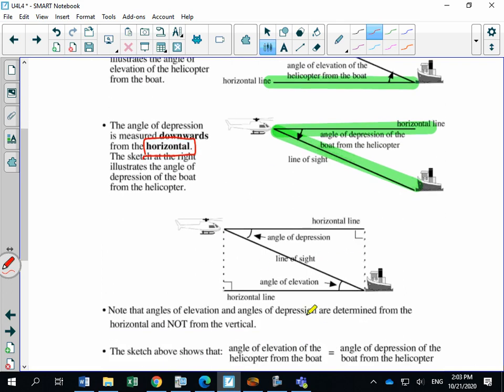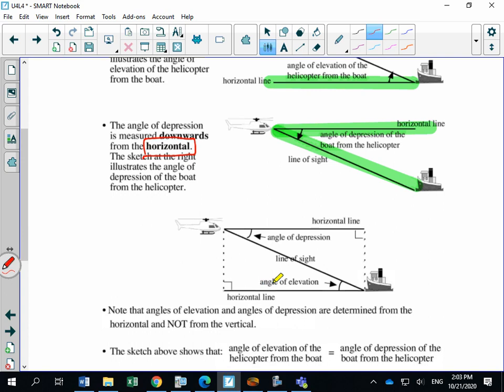What happens is I'll give students a triangle, like two triangles like this, and I will say, from this ship, where's the angle of elevation? And let's say I say, you guys, the angle of elevation is 30 degrees. Can you put in where you think in this diagram 30 degrees would go?